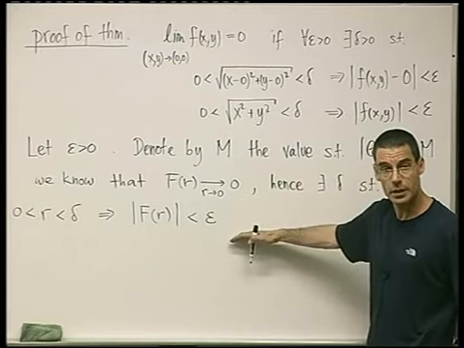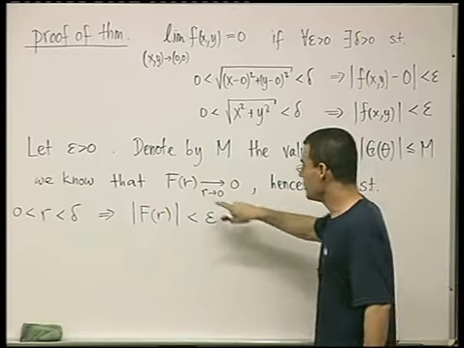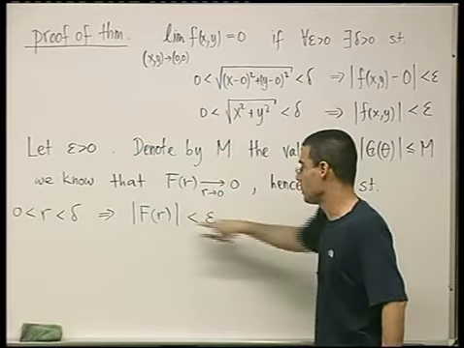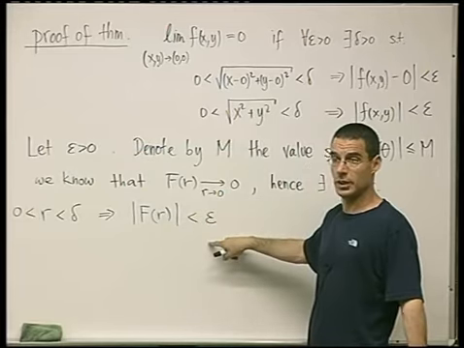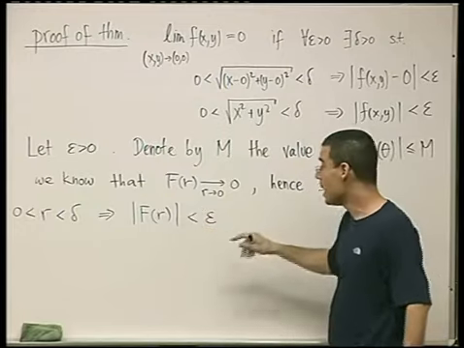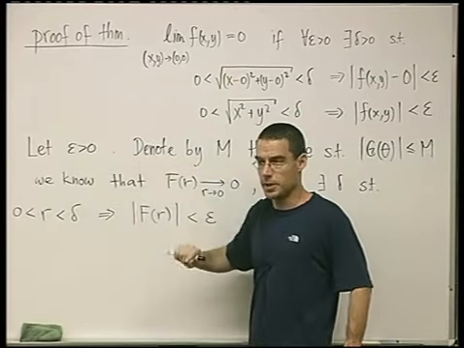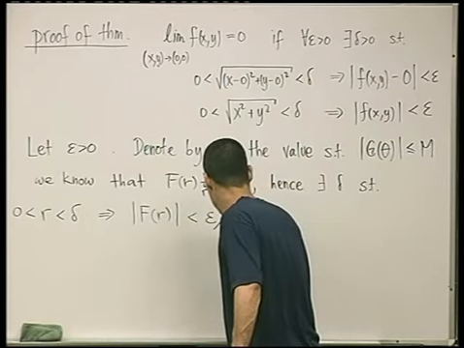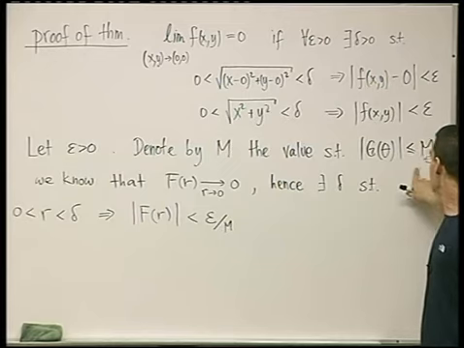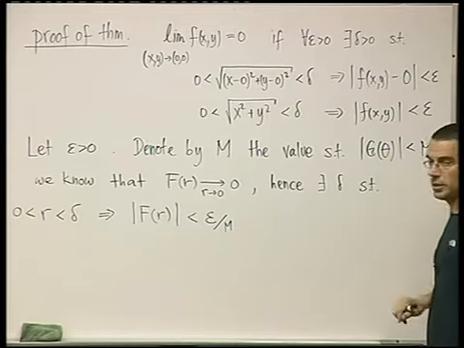This is just writing the definition for this single variable limit. Do you agree? Okay? Now, I want to replace this. Do you agree that since we know the existence of this limit, then for any epsilon we can do this? That's the limit. For any epsilon you can find a delta. There exists a delta such that so and so. So I want to write this, but not for this epsilon, for a different epsilon, for epsilon over M. And let's do strictly less than M, so we're guaranteed that M is not 0.